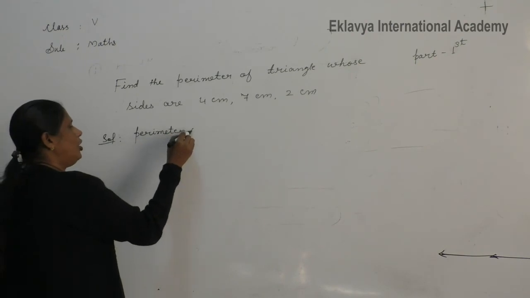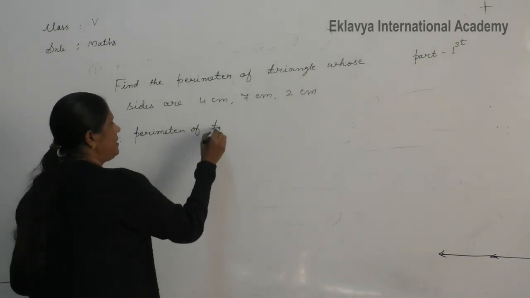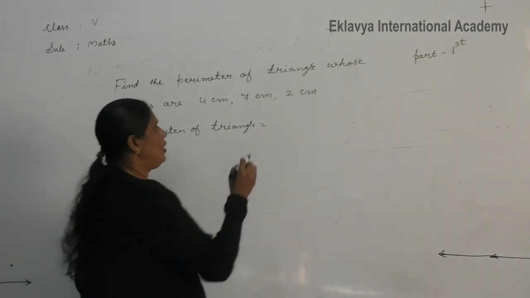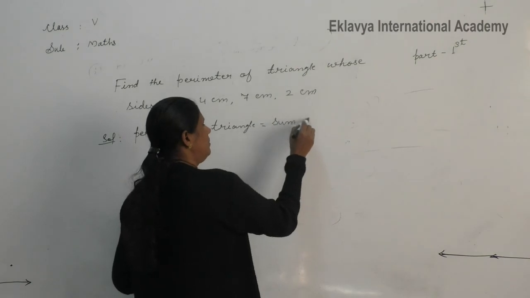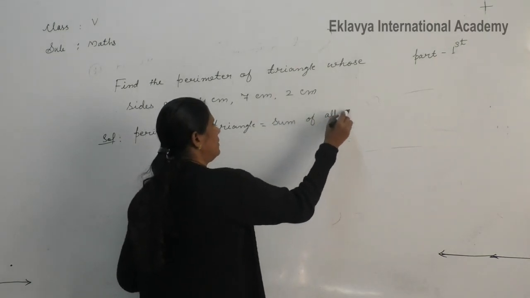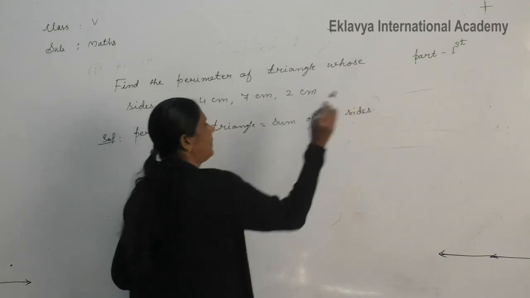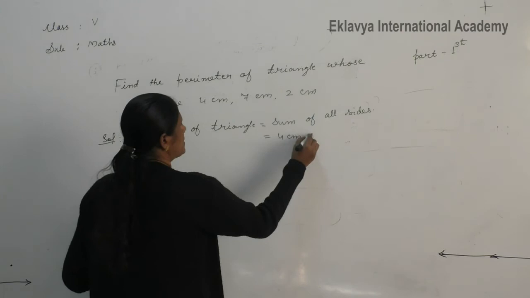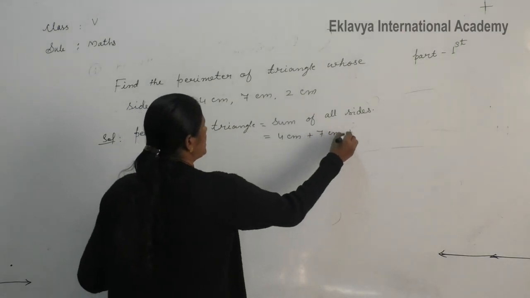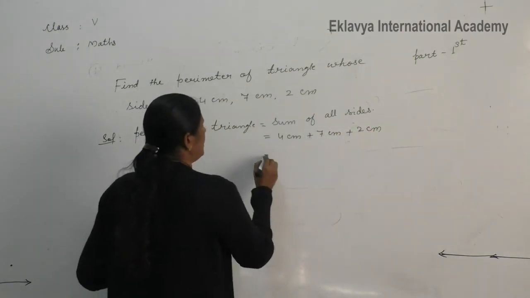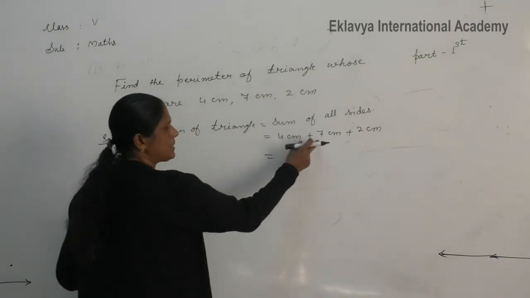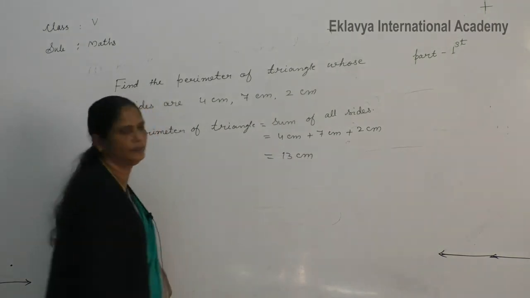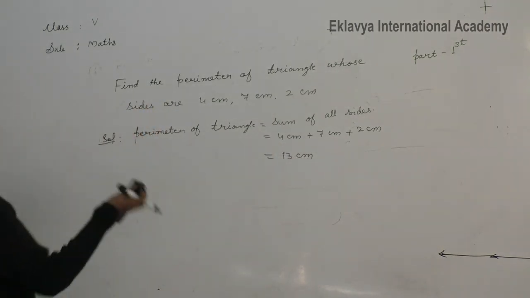Perimeter of triangle is equal to the sum of all sides. Here 4 centimeter plus 7 centimeter plus 2 centimeter. Add these numbers: 4 plus 7 is 11, 11 plus 2 is 13 centimeter. Understand you?